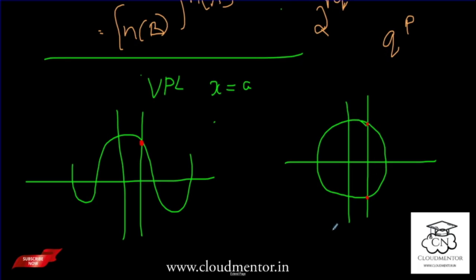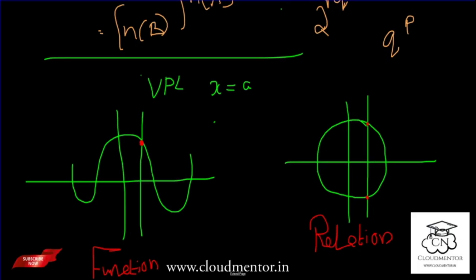So this is a relation. Clearly we have proved that this is the graph of a relation, while this is the graph of a function. So this is how we can identify a relation or function from the graph.